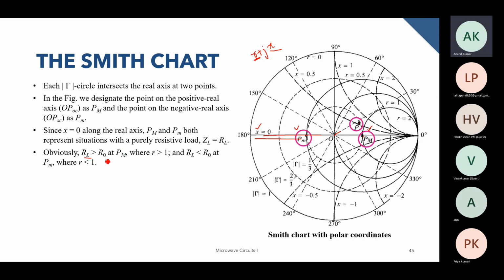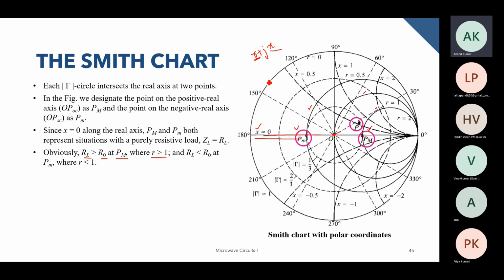Now, at PM we'll have RL greater than R naught. At this particular point, the load impedance will be greater than the characteristic impedance, and hence you will get R greater than 1. You can see that R equal to 1 is this particular circle, R equal to 2 is this circle, and as soon as you cross this origin point, your R will become less than 1.